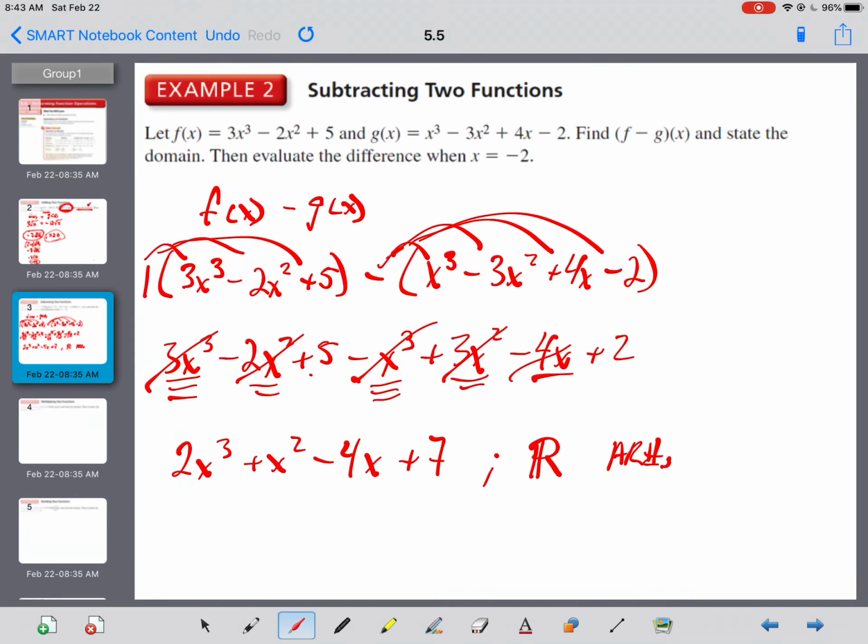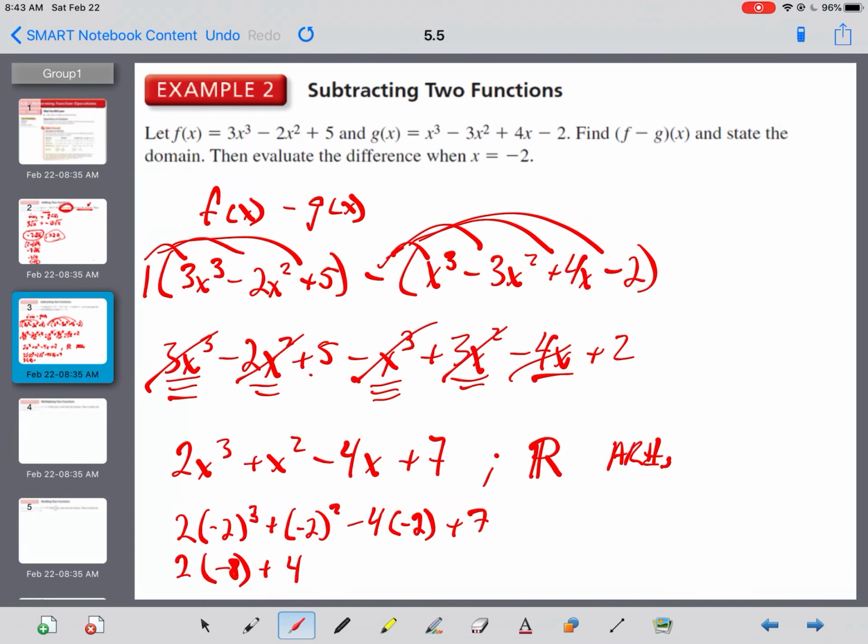And then we have to plug in the negative 2. So everywhere there was an x, this is how I like to do it, put a parenthesis and plug in what you got to plug in. And the reason I do this is especially if you're going to type it in the calculator, you need those parentheses around those negative numbers so they work the right way. So negative 2 to the third is going to be negative 8.